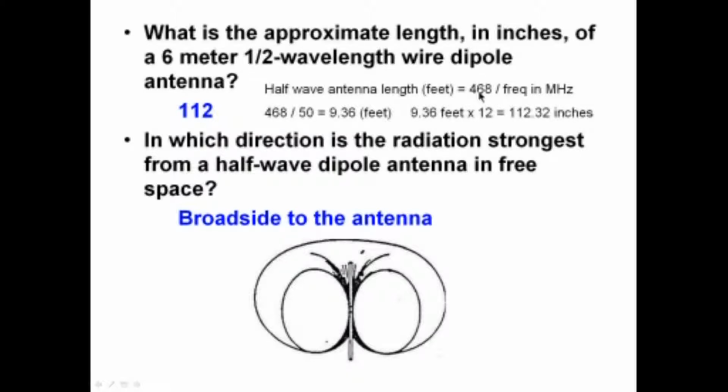So we're going to take 468 and divide it by the frequency in megahertz, and that's going to give us 468 divided by 50 is 9.36 feet. The question asks us in inches, so we take 9.36, multiply by 12, and we get 112.32 inches, and this is the answer that is offered to you on the test, 112.